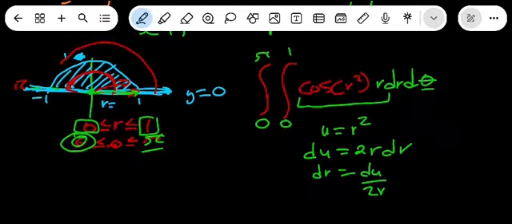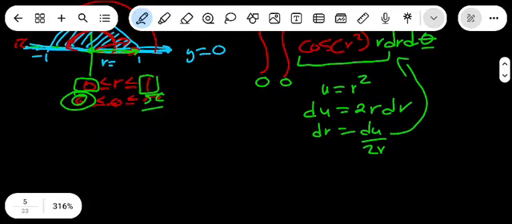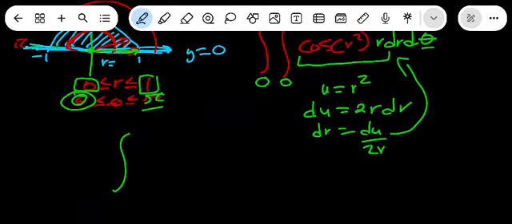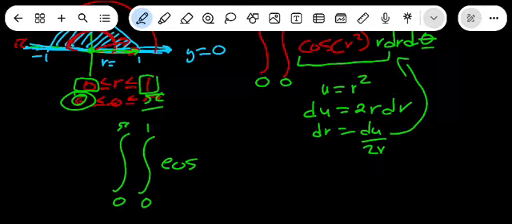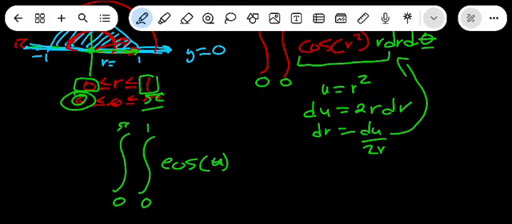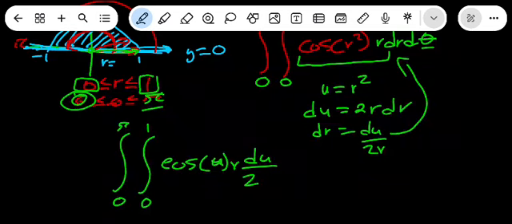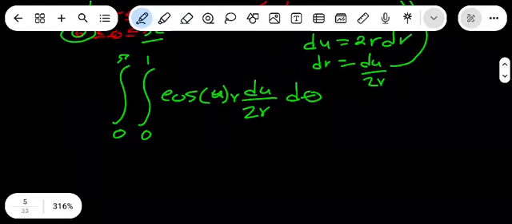If we substitute, we have the integral from 0 up to pi, the integral from 0 up to 1, of cos u multiplied by r multiplied by du over 2r multiplied by dθ.